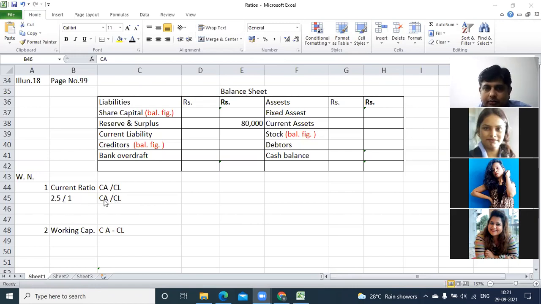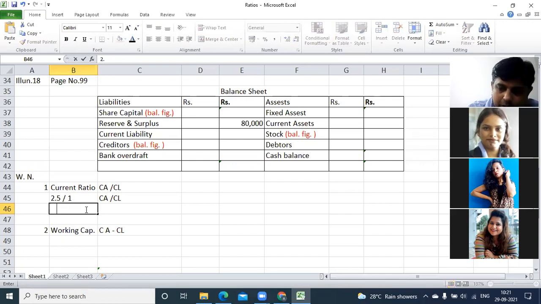Yes or no? Yes, sir. So finally we can write current assets is equal to 2.5 current liabilities.